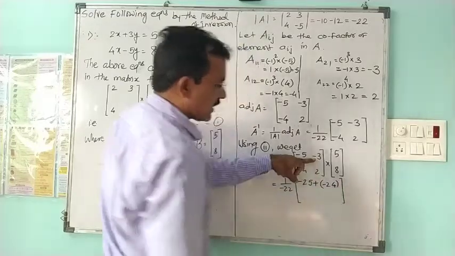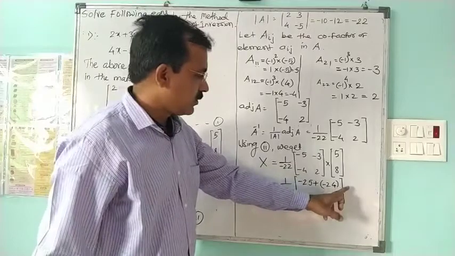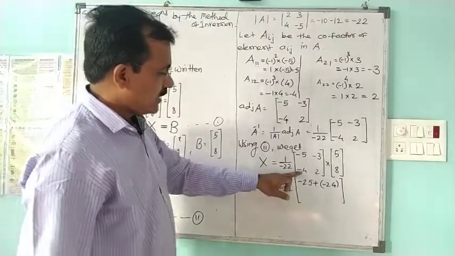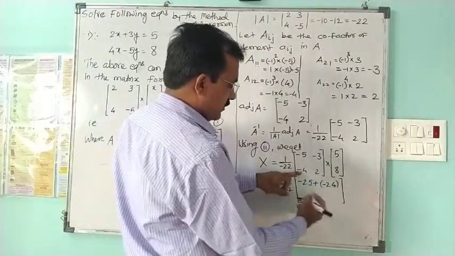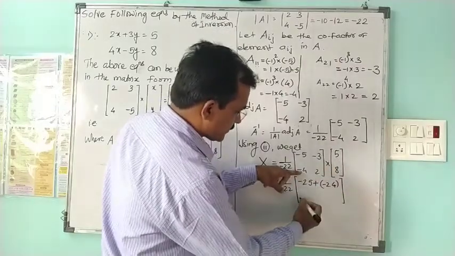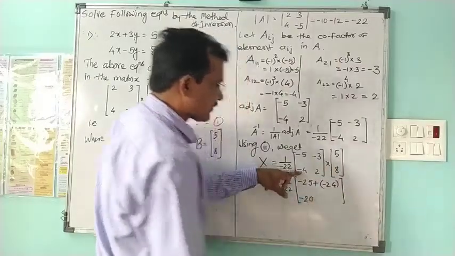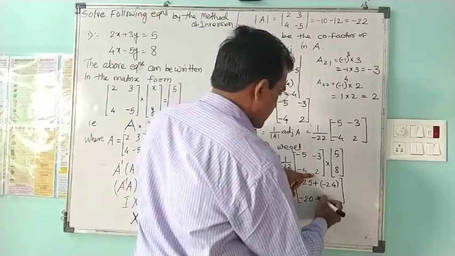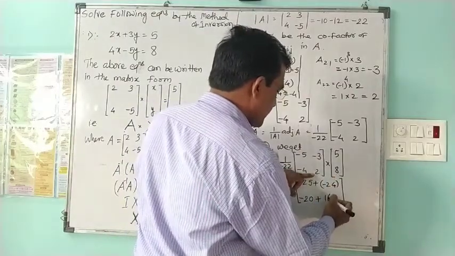Then second row with this column: minus 4 with 5, minus 20, and plus 2 with 8, 16.